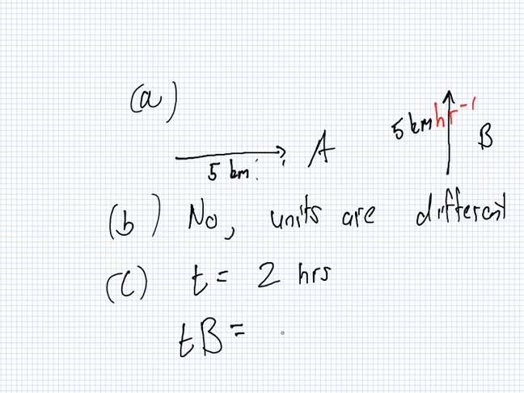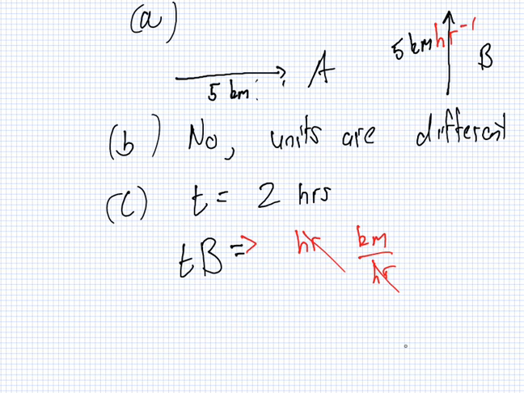Okay, so still, what is the unit of TB? What's the unit of TB? Kilometers, isn't it? Because what's the unit of T? It's hours. And what's the unit of B? Kilometers per hour. So the answer is kilometers.